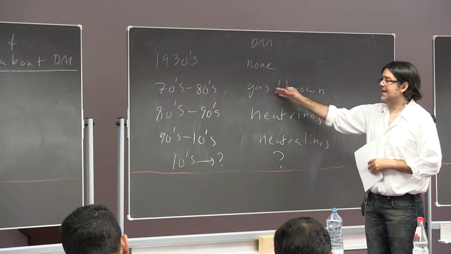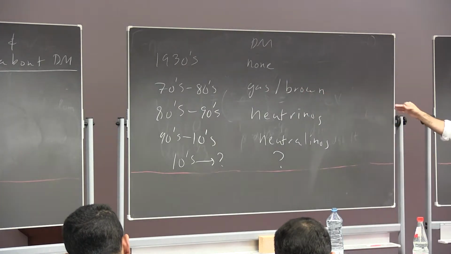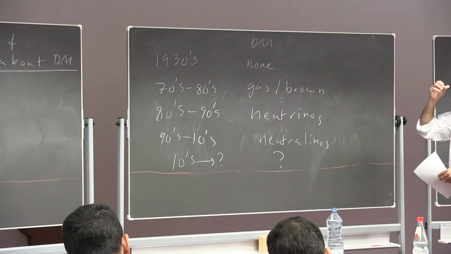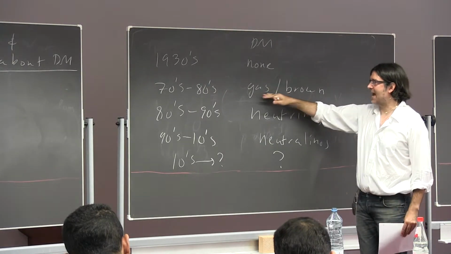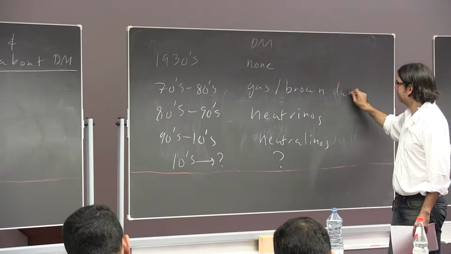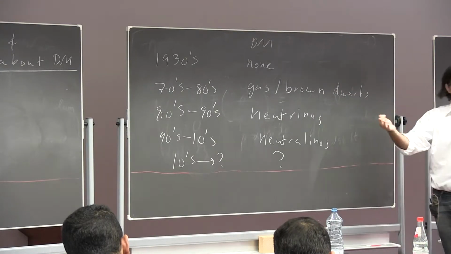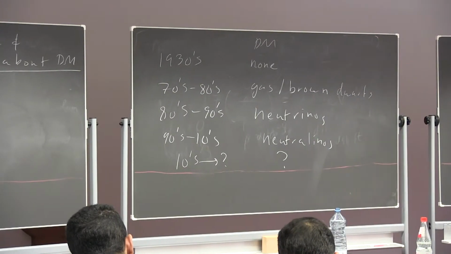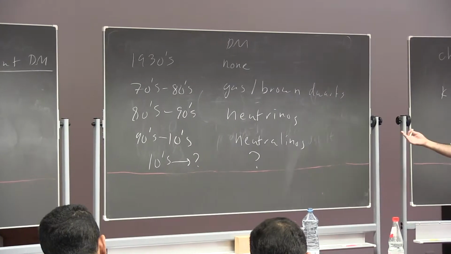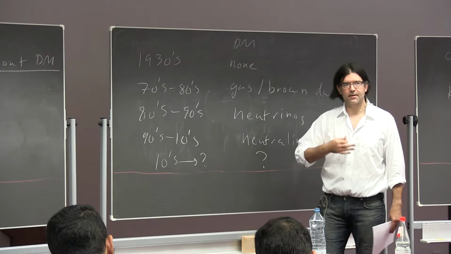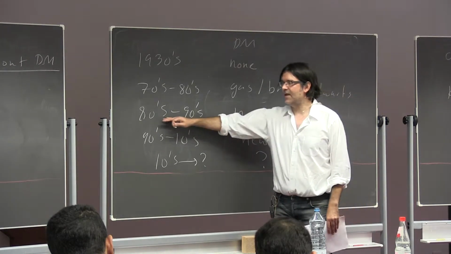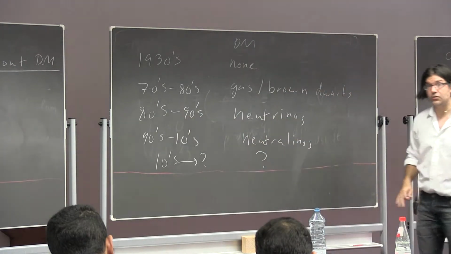In the 70s and 80s, once you started seeing convincing evidence for a separate component of matter, people probably thought mostly that this was gas or brown dwarfs. That is to say, ordinary matter, but in some phase that behaved differently. Once it became clear that wasn't such a great example, the favorite candidate moved to neutrinos.